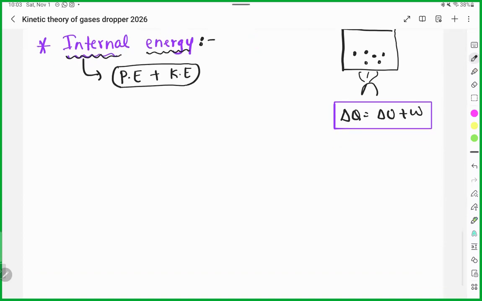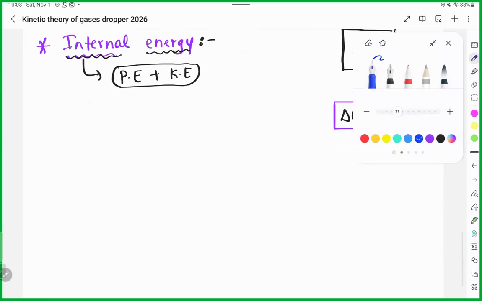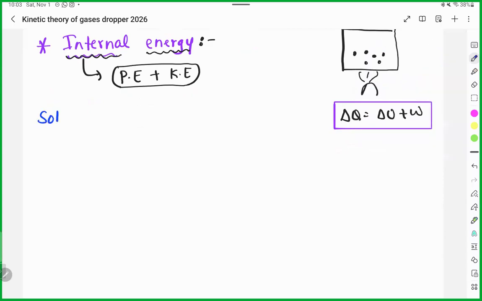For example, if you take solids, in case of solids, total kinetic energy will be the same, whether you take solid, liquid, or gas. Total kinetic energy will be the same. So I'm writing this key: total kinetic energy will be the same.